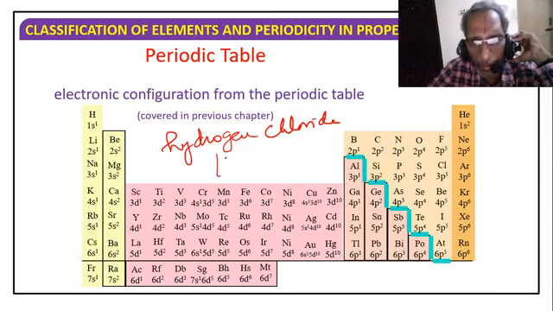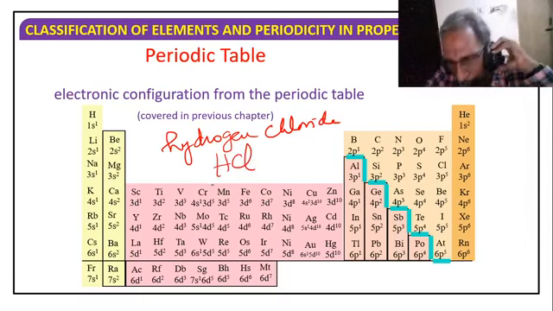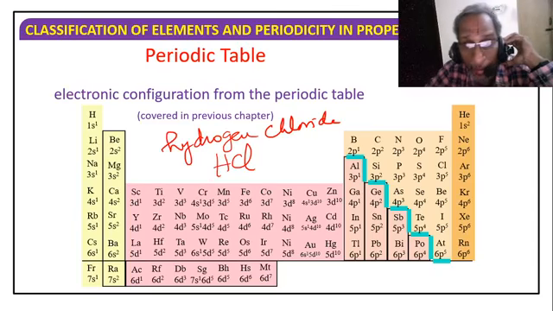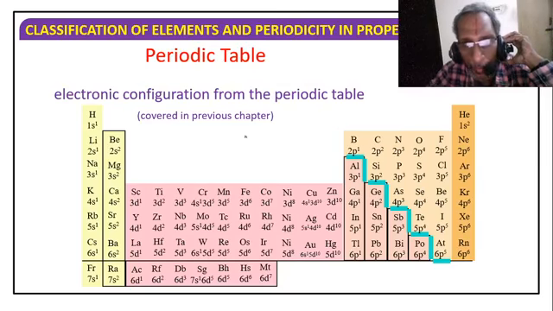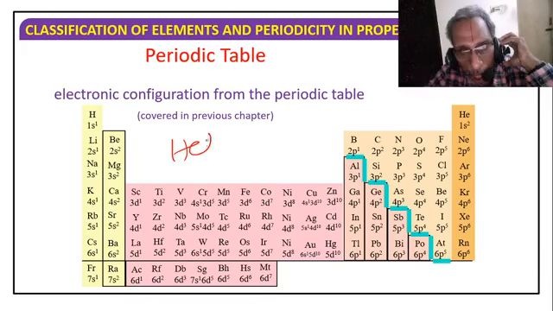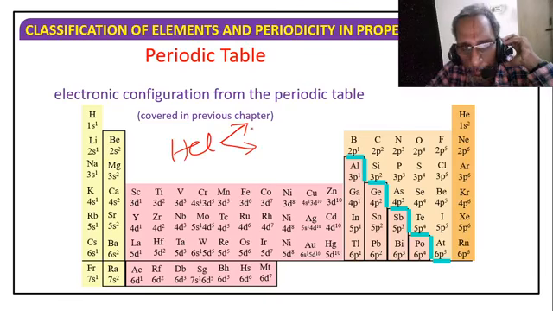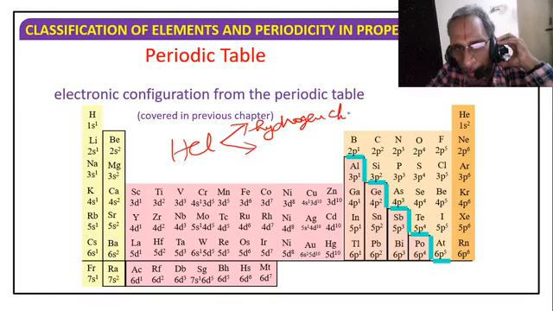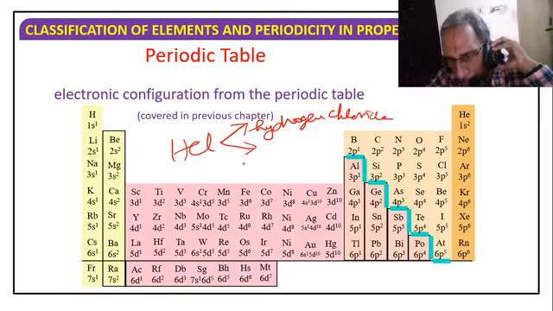Formula for hydrogen chloride is HCl. See, the formula HCl has 2 names, hydrogen chloride and hydrochloric acid.